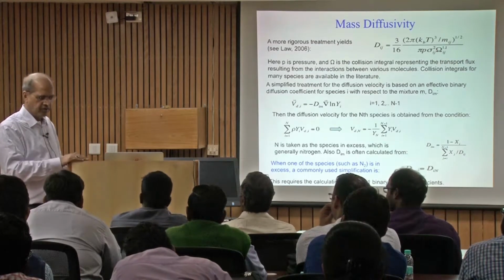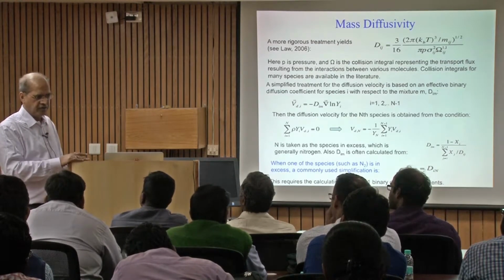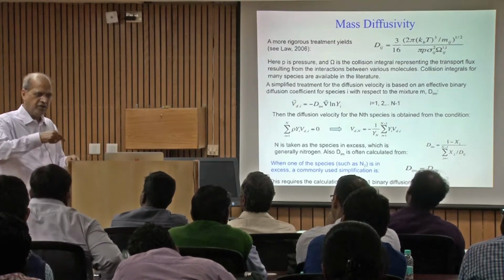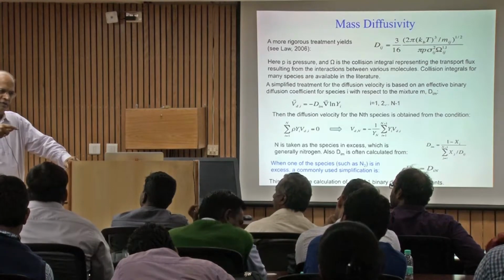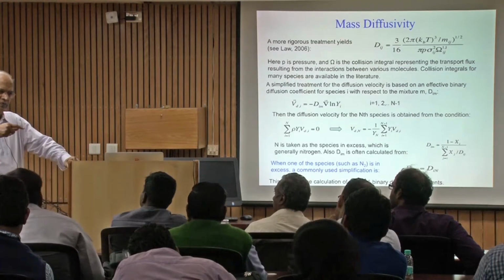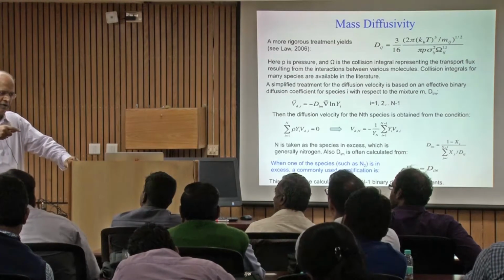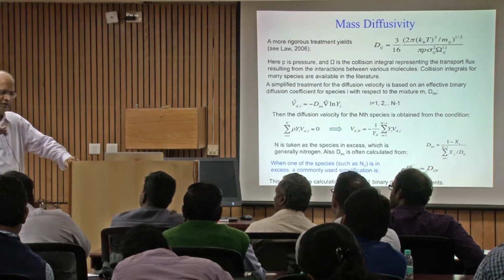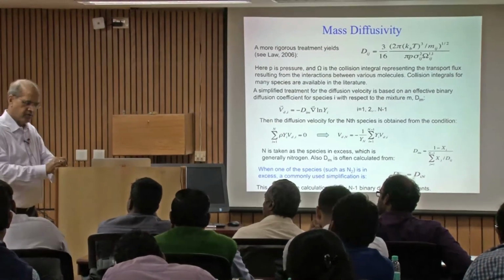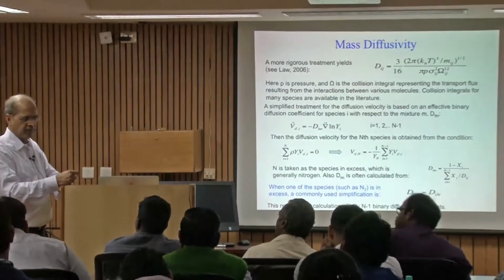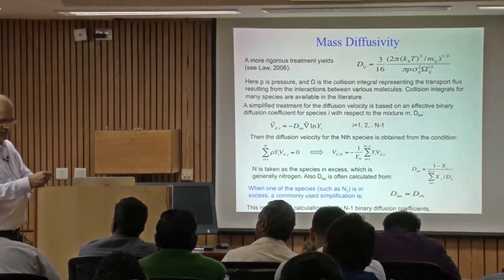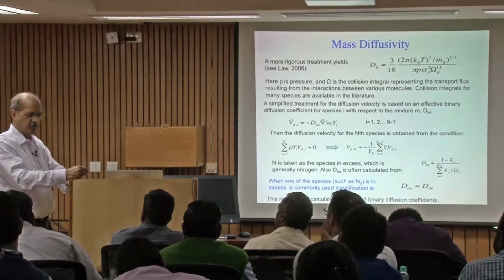That's the reason. Most of it is nitrogen. And for other species like oxygen, if a fuel molecule is diffusing through air, then oxygen and nitrogen are very similar in terms of how they affect the diffusivity of methane, for example. So that's the reason.